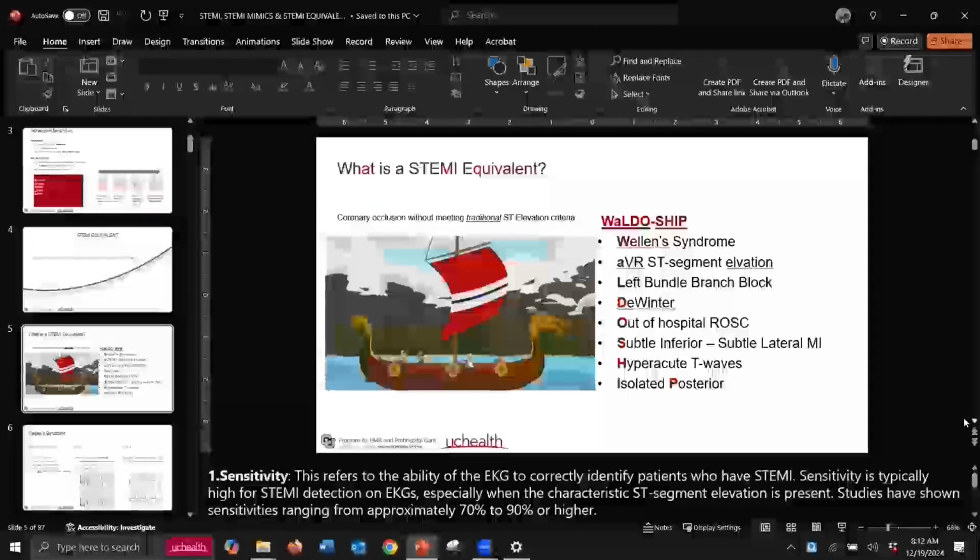So they are Wellens syndrome, aVR segment elevation, left bundle branch block, DeWinter's T waves, out of hospital return of spontaneous circulation, a subtle inferior or subtle lateral MI, hyperacute T waves, and that isolated posterior MI.